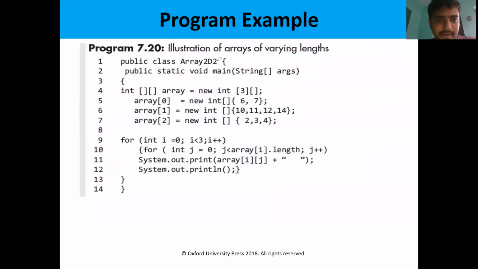So he declared one main class, main method. He's going to declare an array. He is giving only the row value, 3 rows. He's saying that it has 3 rows.